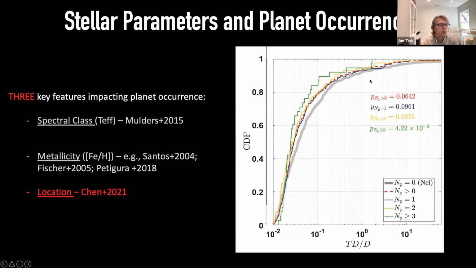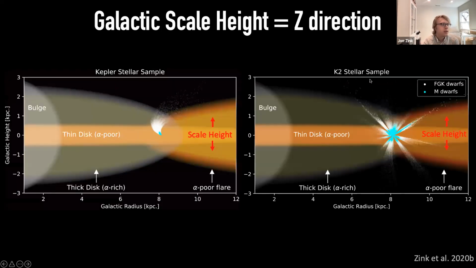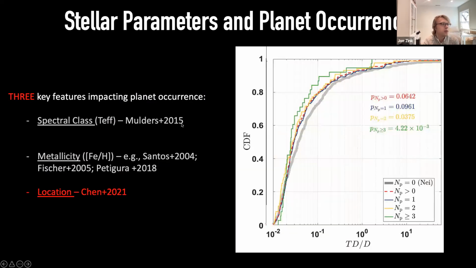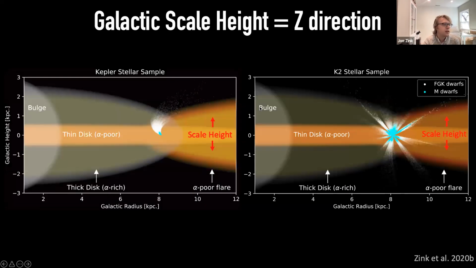There's a lot to take away from that, because when we look at our samples, I should note that this is coming from the Kepler sample specifically, using LAMOST data to identify whether it's thin or thick disk, and Gaia data as well. But you'll notice that the Kepler sample is pretty bound to the thin disk, which is an alpha poor region, or not very alpha element enhanced.